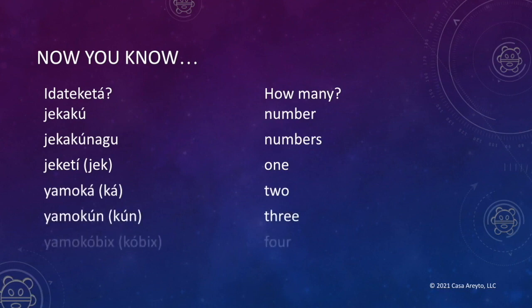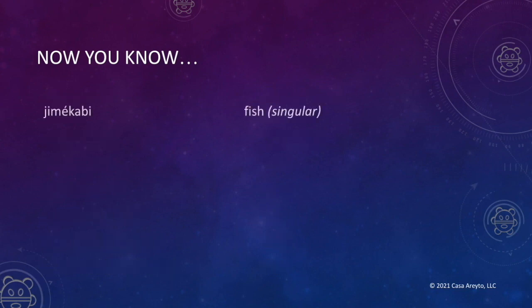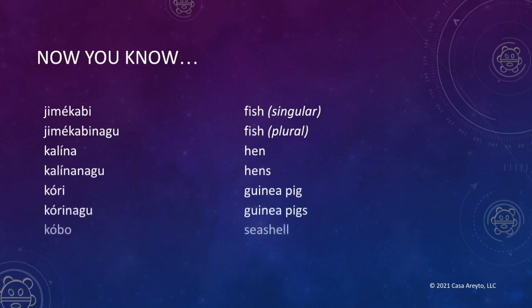Yamokobix, kobix, 4. Yamoncobre, cobre, 5. Hime gabi, the singular form of fish. Hime gabi nagu, the plural form of fish. Kalina, hen. Kalina nagu, hens. Kori, guinea pig. Kori nagu, guinea pigs. Kobo, seashell. Kobo nagu, seashells.